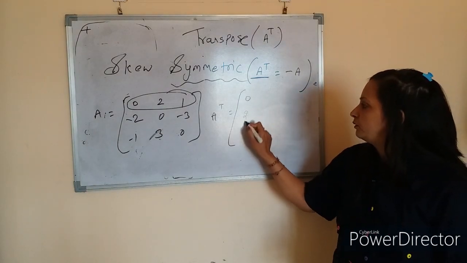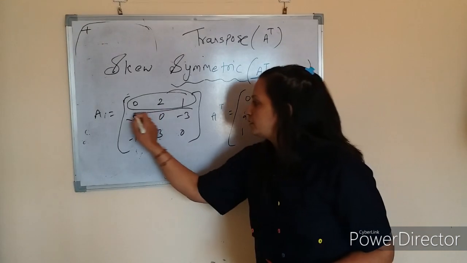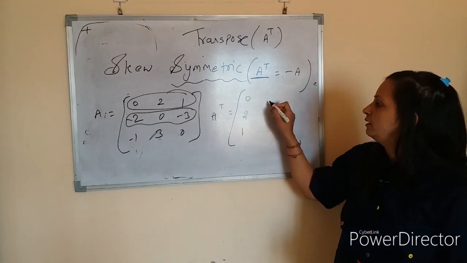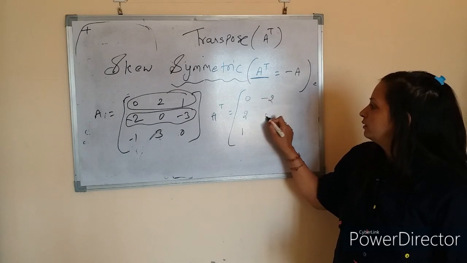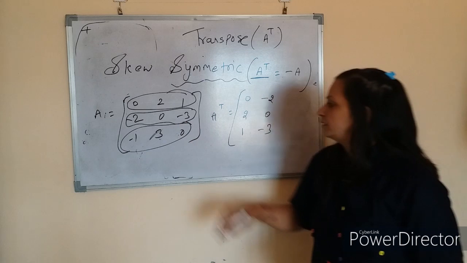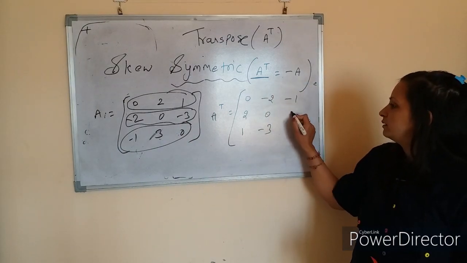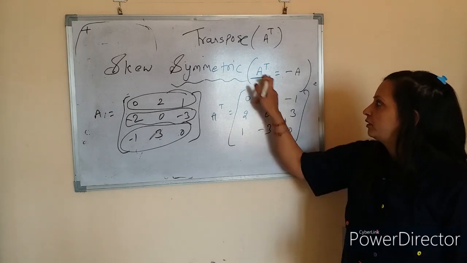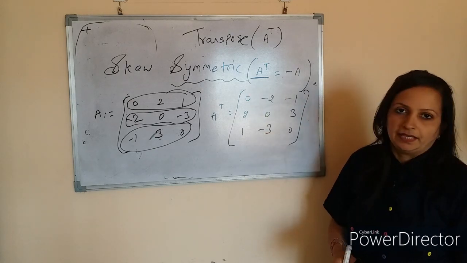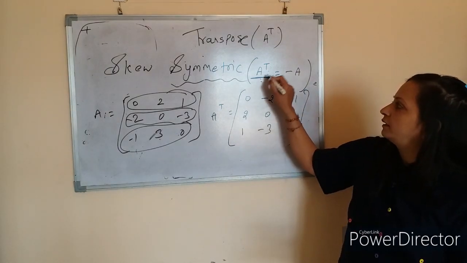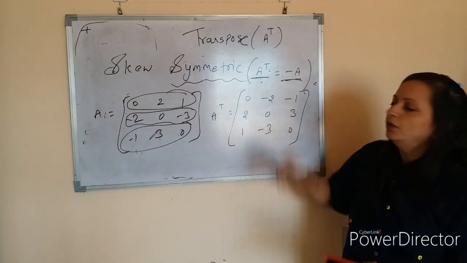I pick up my first row, 0 2 1, and convert it into a column. My second row, minus 2, 0, minus 3, I convert it too. And the third row, minus 1, 3, 0. This is what I got when I transposed A, that is A transpose.